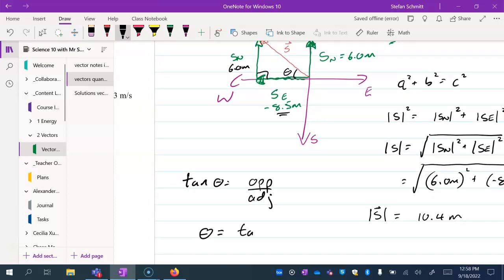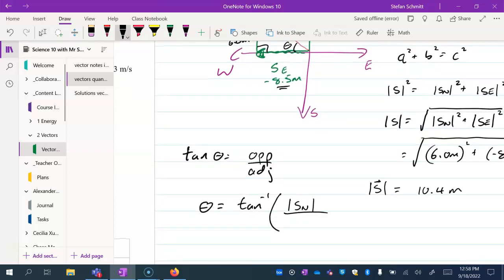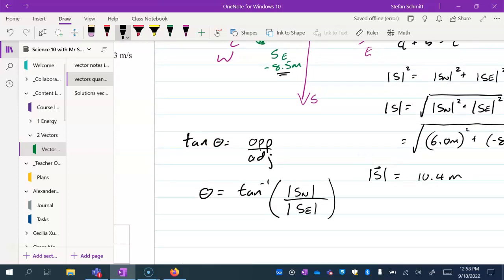We could solve this for the angle. The angle is arctan, or tan to the minus 1, of the opposite side, which is the length of the north component of this vector, divided by the length of the east component. That's the adjacent side.